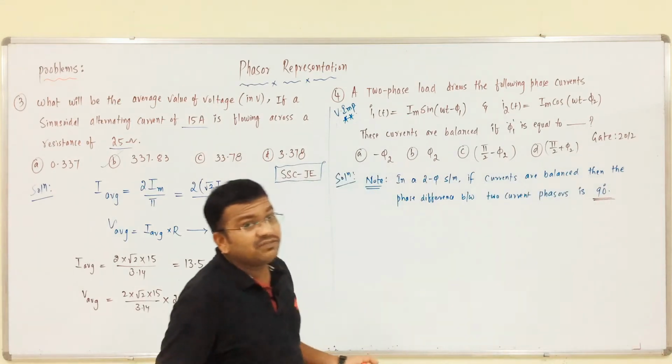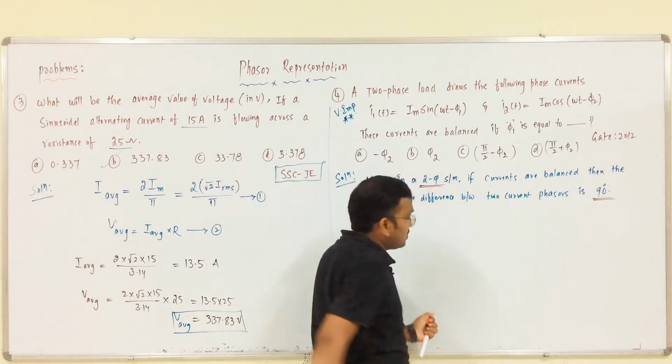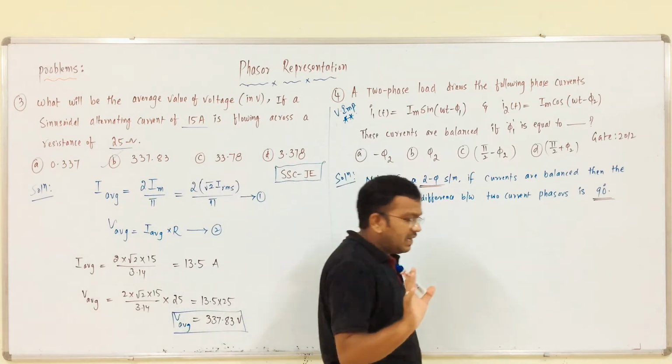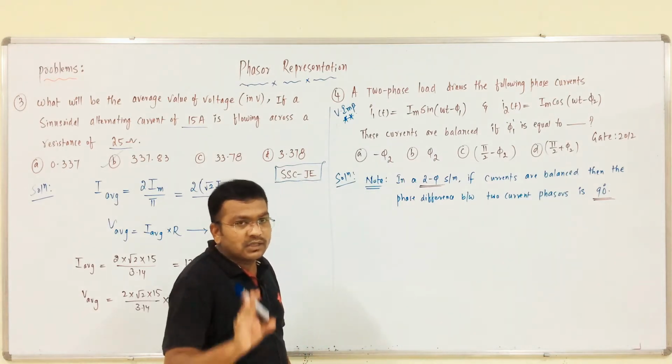For a 3-phase system it is 120 degrees, but coming to a 2-phase system, if two currents are balanced, then the phase difference between two current phasors is 90 degrees, or if it is voltage, between those two voltages also 90 degrees.